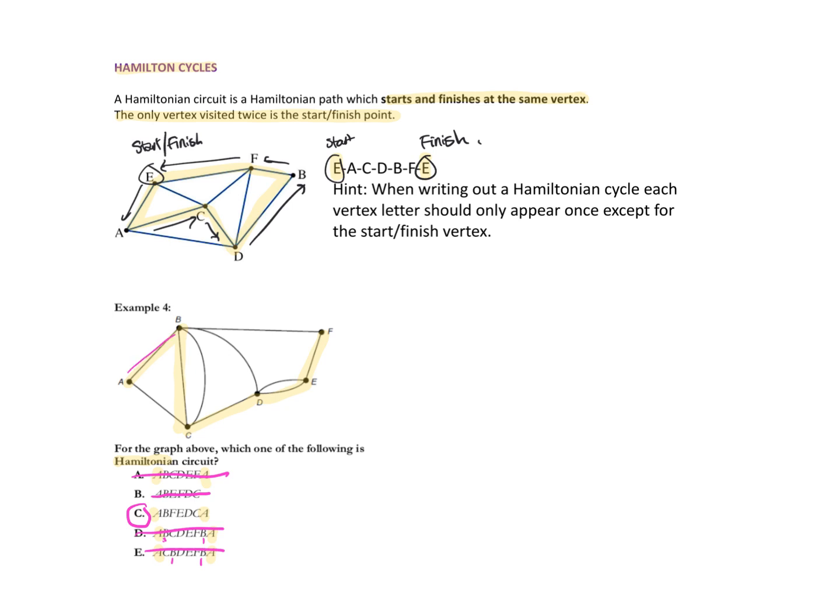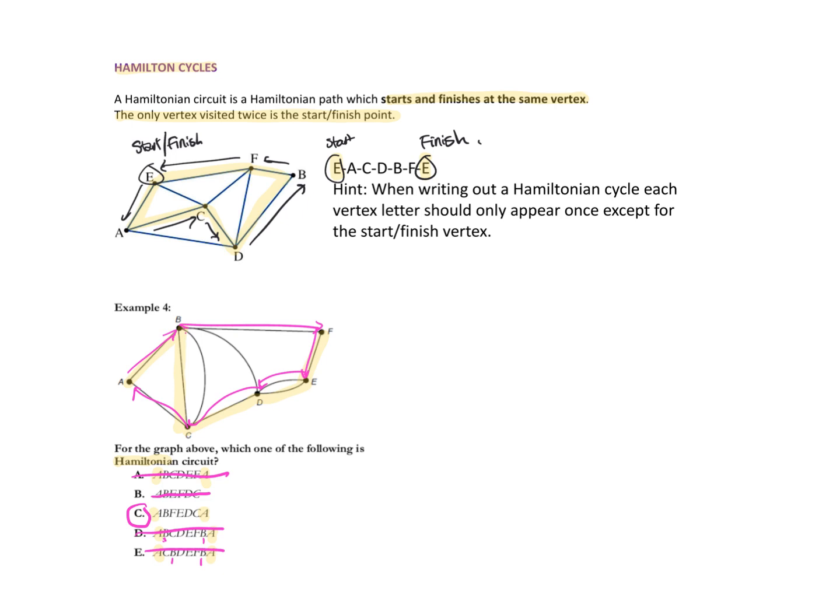I'm going to do it with arrows. A to B to F to E to D to C and back to A. So I touched every vertex and I started and finished at the same one. So it's a Hamilton circuit or cycle.